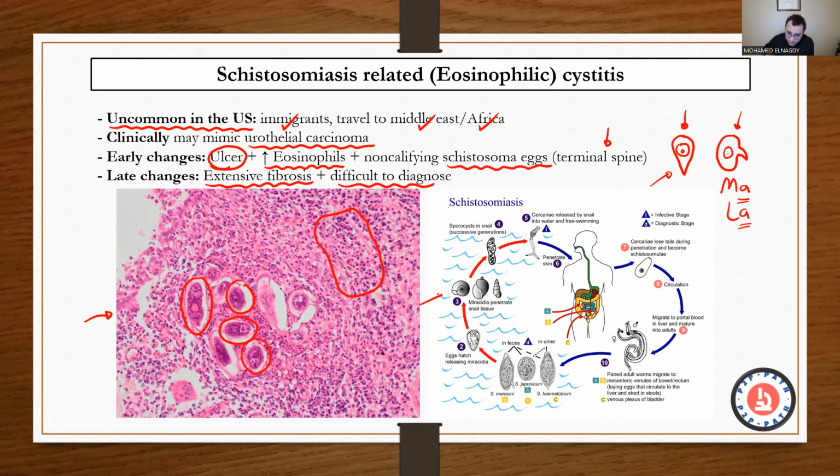This is the brief life cycle of the schistosoma. You don't need to know that in detail, but you need to know that the infective stage of the schistosoma is the cercaria. The cercaria emerges from the eggs after they hatch and form the miracidia.